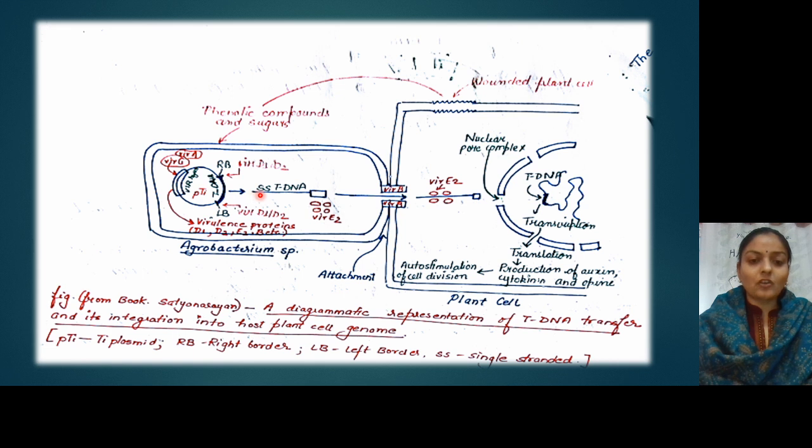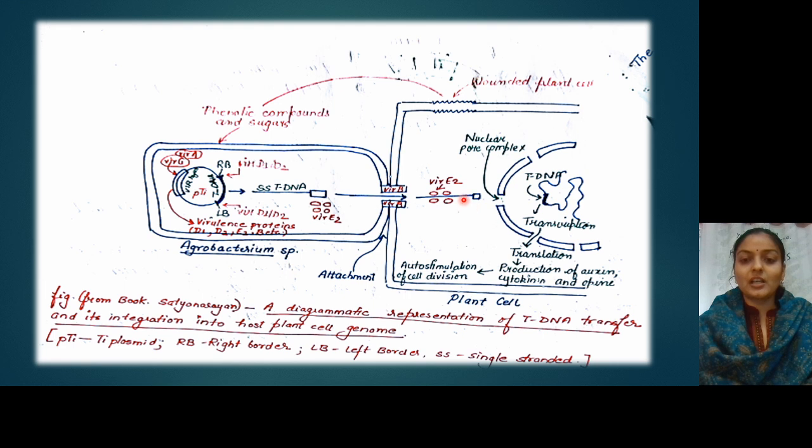So here the complex is single-stranded T-DNA along with D2 and G. They move towards the plant cell through the transport apparatus made by VIR-B. And as it enters the plant cell, the VIR-E2 proteins attach to the single-stranded T-DNA and cover it to protect it from the action of nucleases in the plant cells.